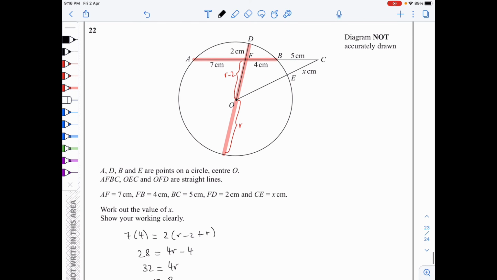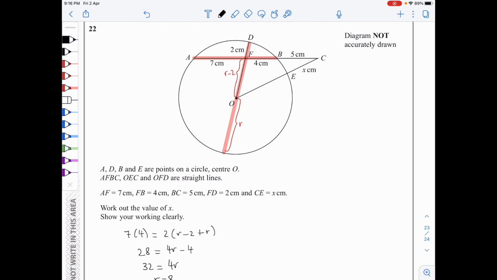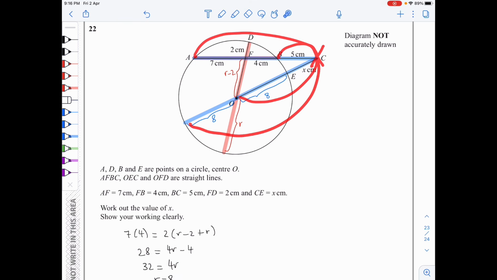So now that we know that r is 8, I can apply the intersecting chord theorem here. So we know that this is 8, so this is also 8. So starting from the point of intersection of the two chords, it's gonna be 5 times this is equal to this distance times that distance.